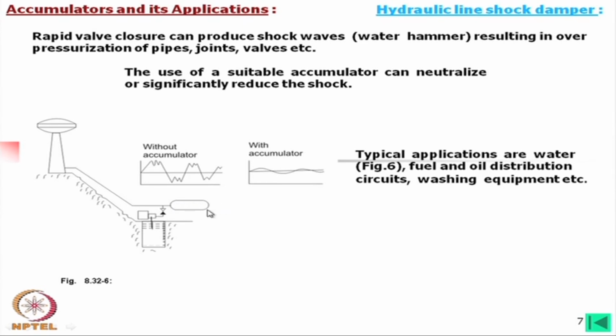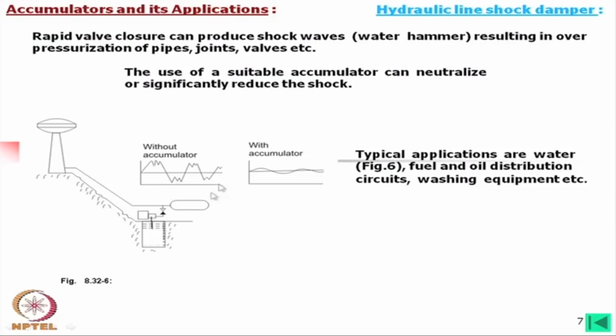Definitely there will be a vibration sort of thing, or you can see this is acting as a damper. In the case of a damper, of course, there is an orifice and other systems. In that case, there is nothing like that; oil is going in and giving pressure on the bladder if it is inside, or if the gas or air is there, it is just compressing that air or gas, and in that way the shock wave is reduced.